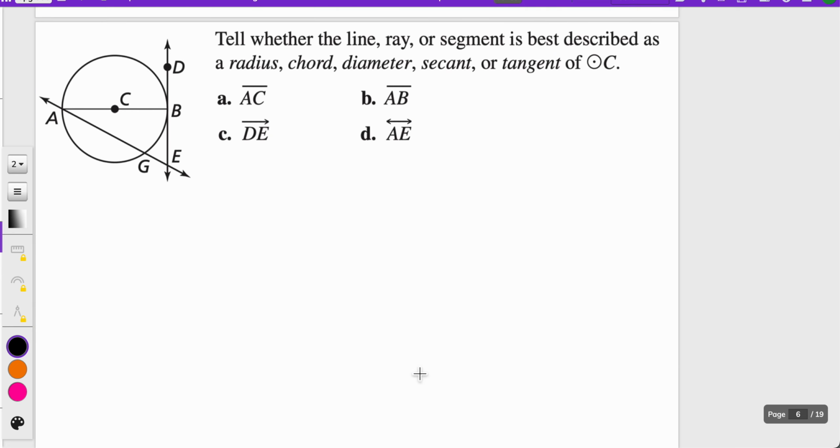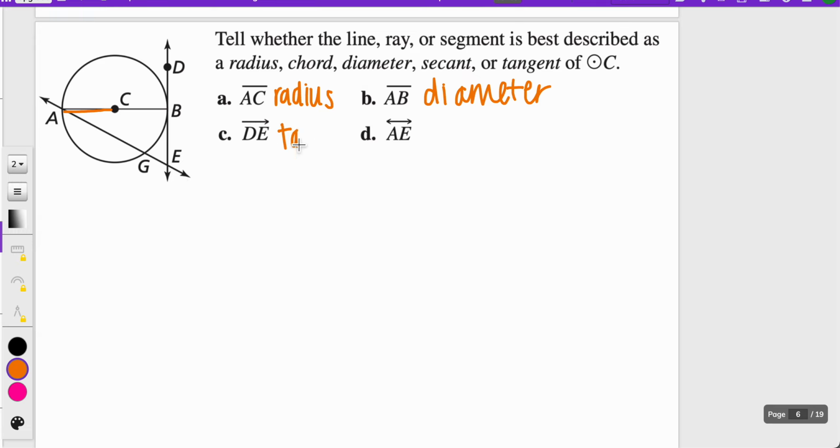So what we're going to do is tell whether the line, ray, or segment is best described as a radius, chord, diameter, secant, or tangent of circle C. The first thing we're going to look at is AC, and AC is right here. It looks like AC is just going through the center, so we're going to say this is the radius, whereas AB goes through each thing, so we're going to say this is diameter. Now we have ray DE.